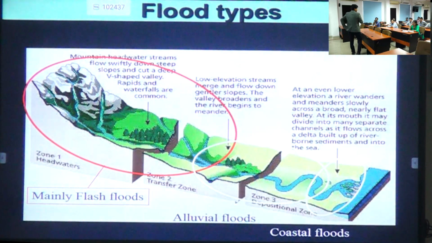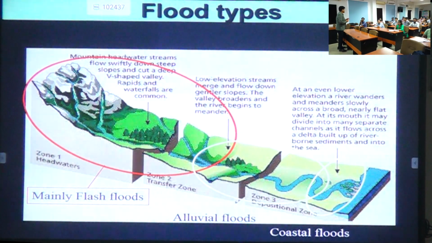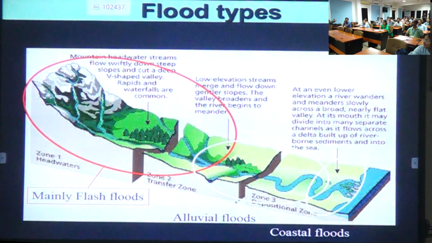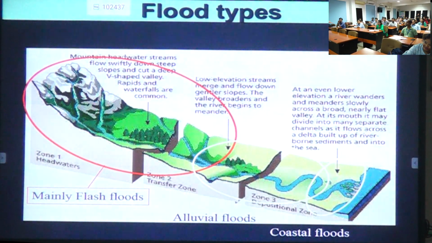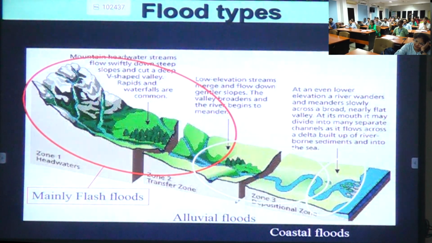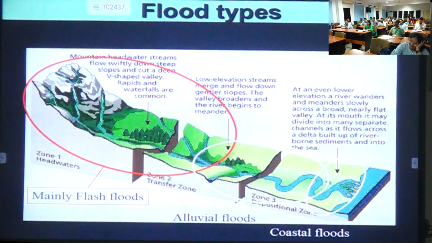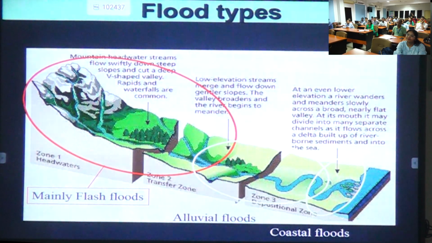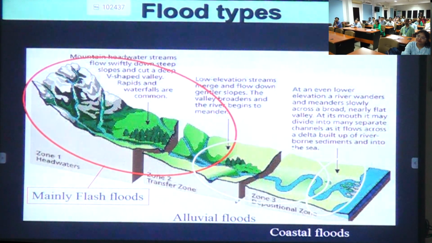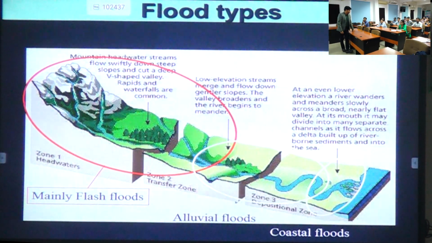This is the depositional zone, and it is very fertile because it brings down all those sediments, the nutrients, and everything for the soil.